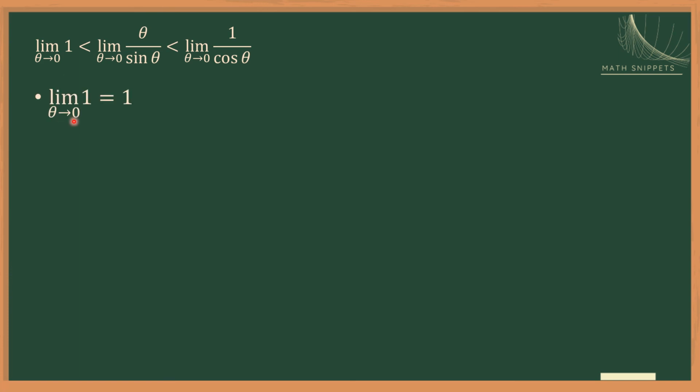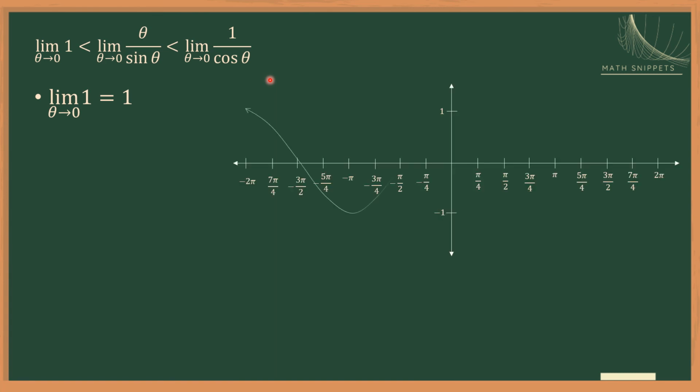Okay. Now, 1 over cosine theta. Cosine is a trigonometric function, but when theta is 0, cosine is 1. So my guess here is that the limit of 1 over cosine theta as theta approaches 0 is equal to 1. So let's look at the graph of cosine theta.